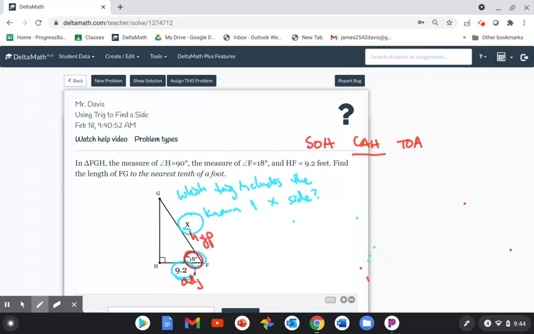Instead of writing the cosine of theta, we write the cosine of 18 degrees, since we know it's 18 degrees. Cosine of 18 degrees equals the adjacent, 9.2, over the hypotenuse, which is x. So first step is to write the trig ratio.